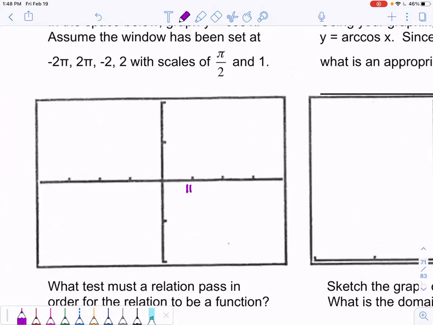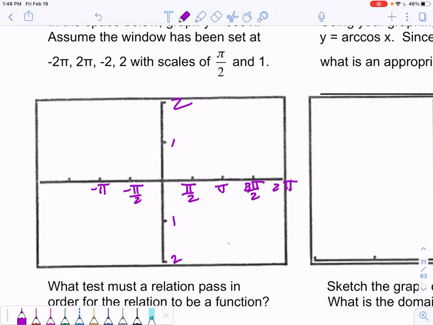Label your graph the same way. So pi over 2, pi, 3 pi over 2, 2 pi. Y-axis is up 1, up 2. Cosine starts up high.